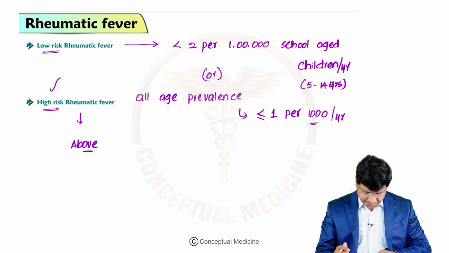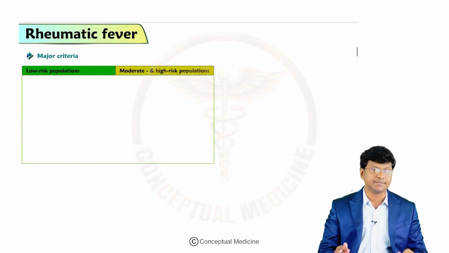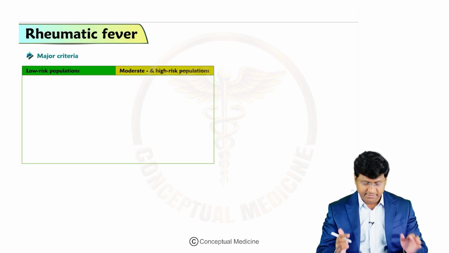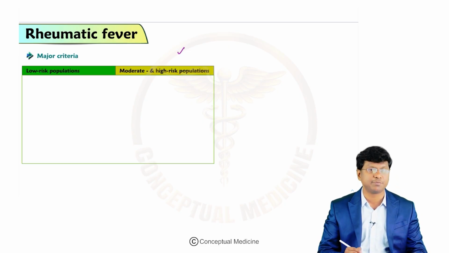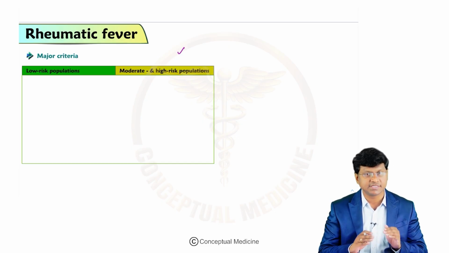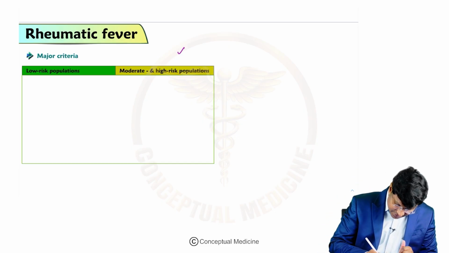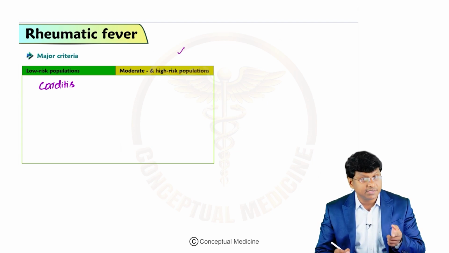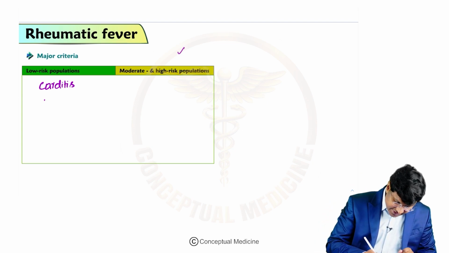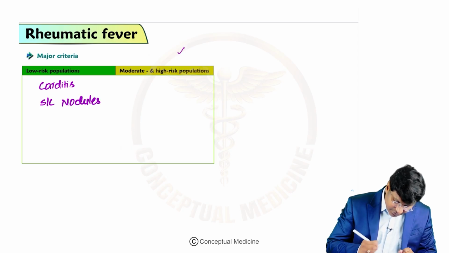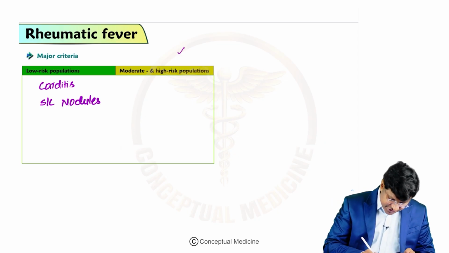Now, if you take the major criteria, it is slightly different in low risk population compared to that of moderate to high risk population. What are the differences and what are the similarities? I will explain. The similarities: carditis, the skin manifestation that is subcutaneous nodules, and CNS manifestations.